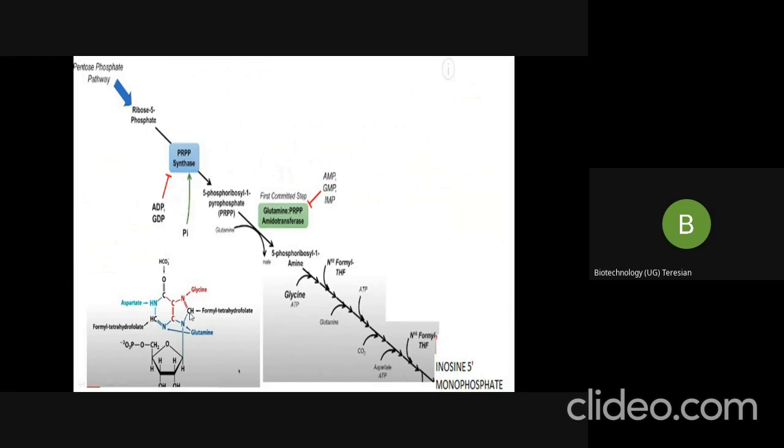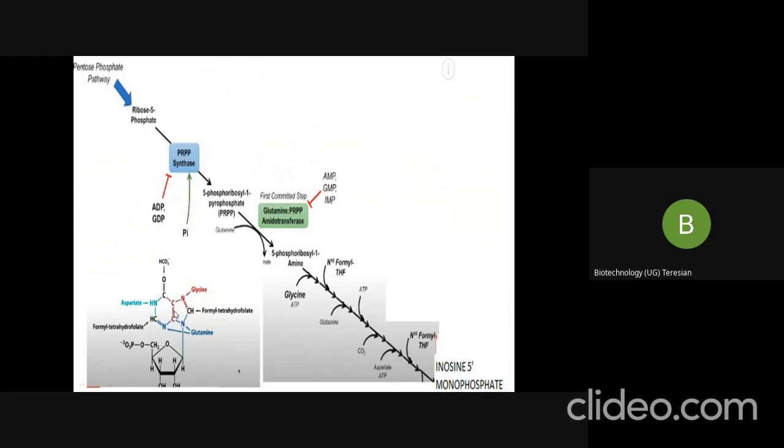Look at the structure here. So what happens? You can see that the nitrogen is donated by your glutamine. Your nitrogen and carbon group here are donated by your glycine, the red one you're seeing.